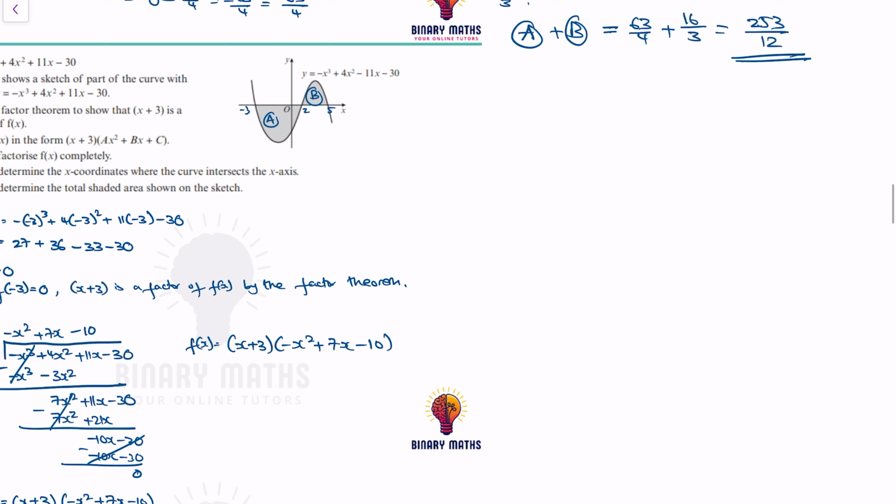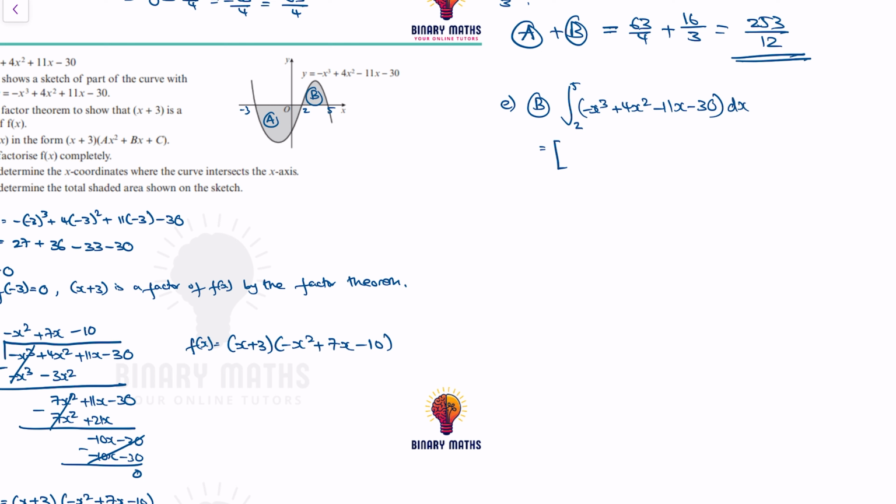So first thing I need to work out is A. Let's do B first because it's positive, because it's above the x-axis. So integrating between 5 and 2 minus x cubed plus 4x squared minus 11x minus 30 all dx.